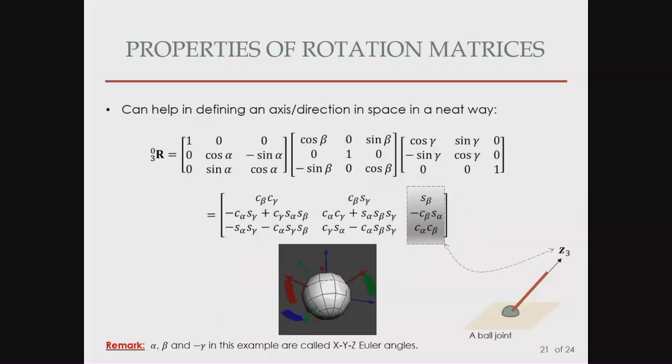I can then cascade all these rotation matrices: positive rotation about x, positive rotation about y, and negative rotation about z. Go to the references of all of the common rotation matrices I told you. And this is the resulting matrix. You can just multiply them or use MATLAB for it. By the way, C beta stands for cosine beta, and so on. Now, what is this? This is a rotation matrix.